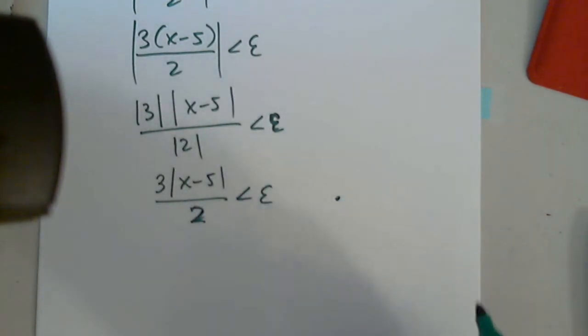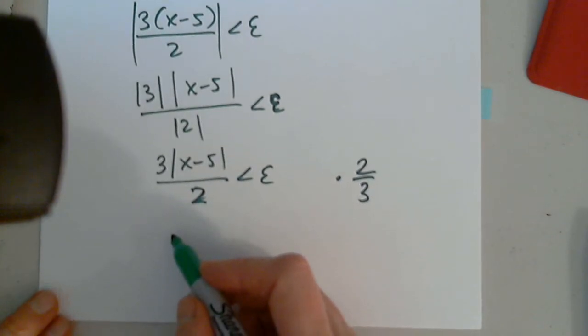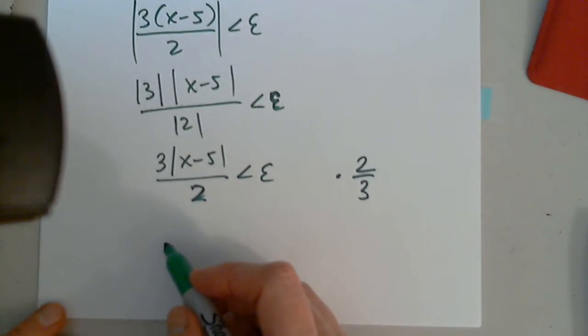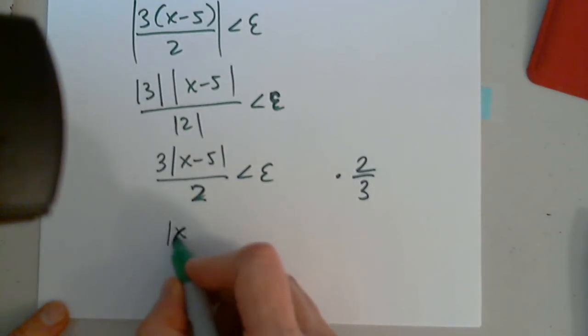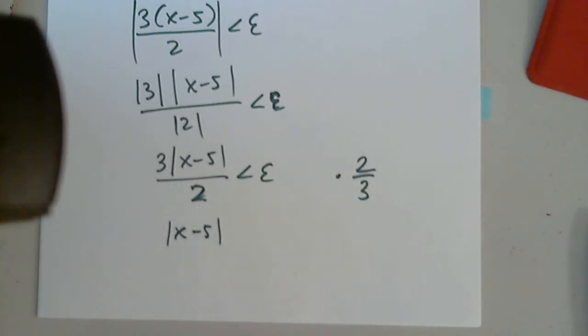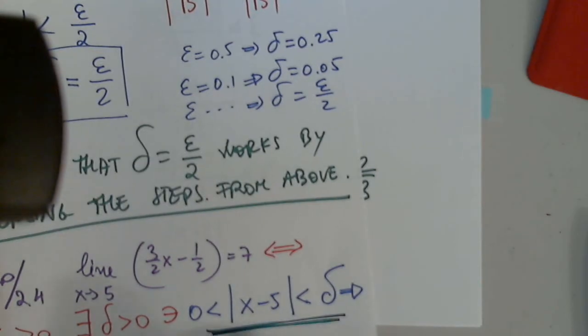We need to multiply both sides by... Jordan? 2/3. Exactly. So then what do I have on the left-hand side? Gabriel? Absolute value of x minus 5, because that was my target. It's right here. This is my target.